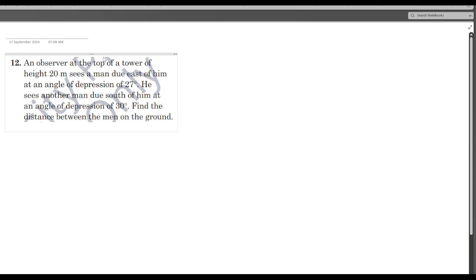Now 12th question. An observer at the top of a tower of height 20 meter sees a man due east of him at an angle of depression of 27 degrees. So let us consider, okay, this is the ground level and this is a tower of 20 meter height.